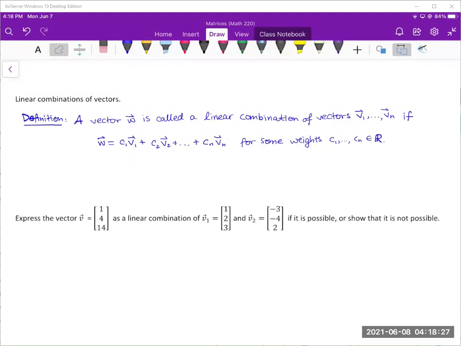So we have the vector (1, 4, 14), and we want to know whether or not this is a linear combination of these vectors v1 and v2. Okay, so what we would like to know is if v is equal to c1 v1 plus c2 v2, where c1 and c2 are unknown real numbers.